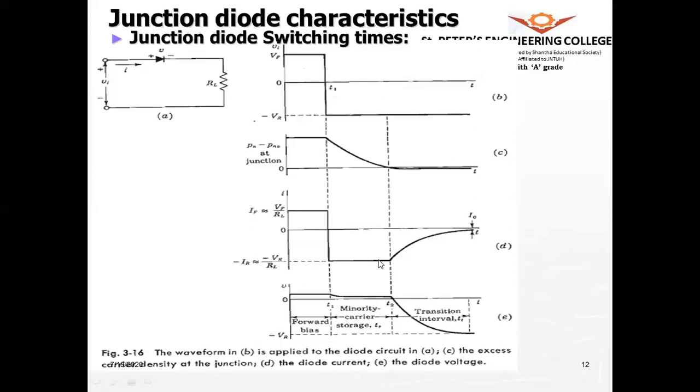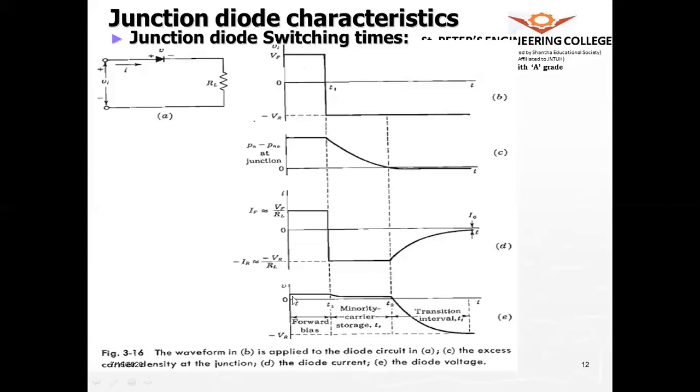After the charges have crossed back because of the reverse bias, only then does the current slowly start becoming zero and reach I naught. So there is a surge in the current. The current does not immediately become zero. It takes some time for the charge carriers to flow back as a result of the change in the bias condition.